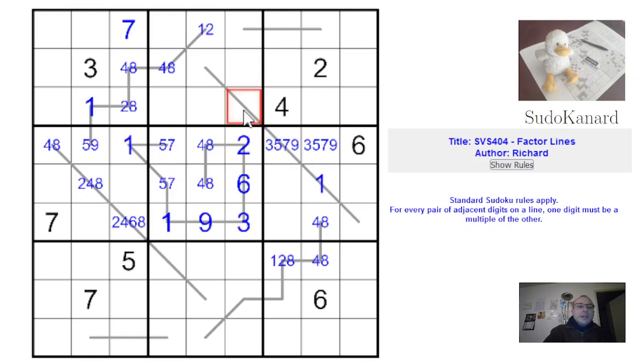So in all scenarios, this has to be from 5, 7, 9. And now that this is not a 3, well, next to 5 or 7, this is a 1, and next to the 9, it can now only be a 1. And this is 2.